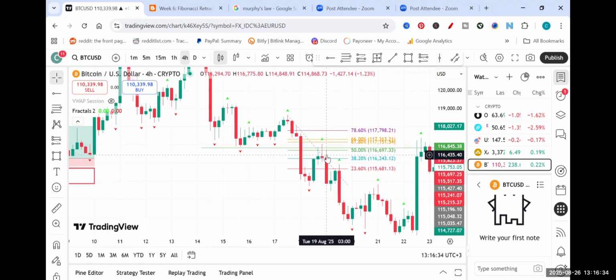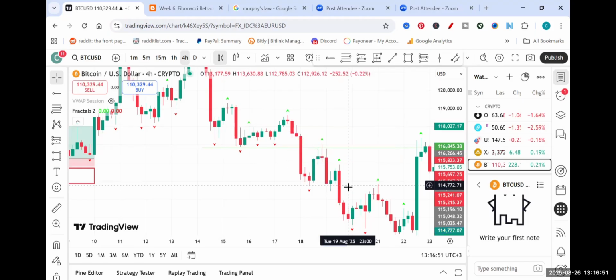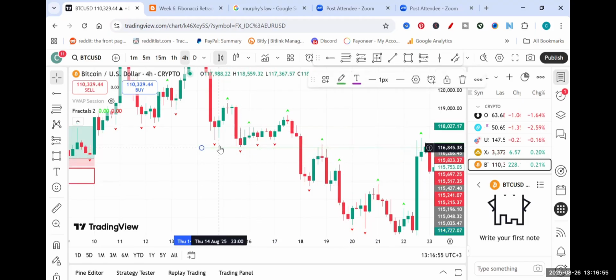So your confirmation that it becomes a resistance is after that imbalance has closed off, and the next candle is opening below it. No, no, no. Okay, let me remove this again. Initially this is a support level, no? Then price.